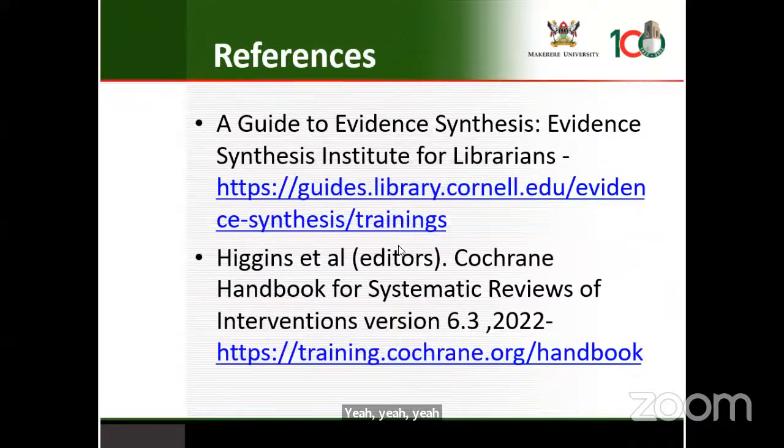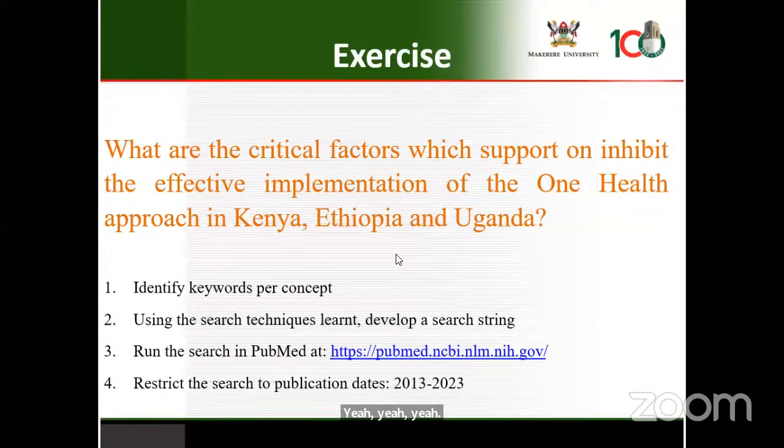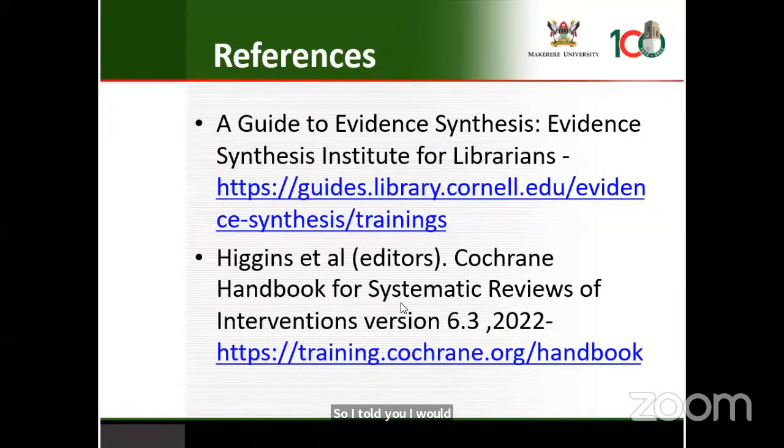So I told you my PowerPoint would be the longest. So far, I have come to the end of my session. I have an exercise, but before that, let's be fair to the online people. Can you read the questions, or should I stop and you present them?